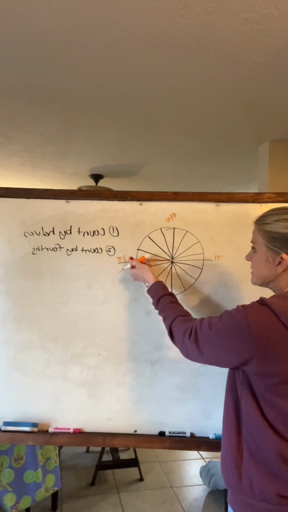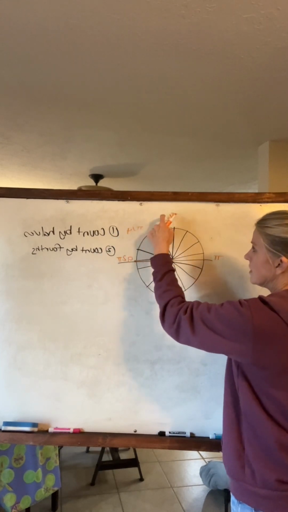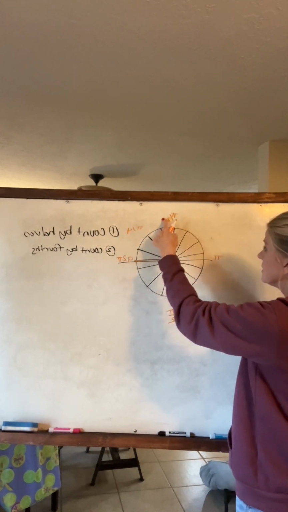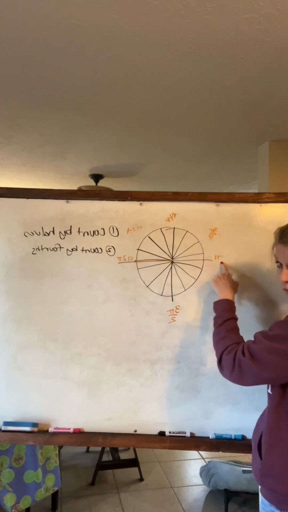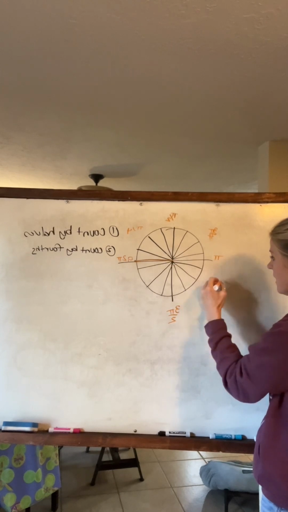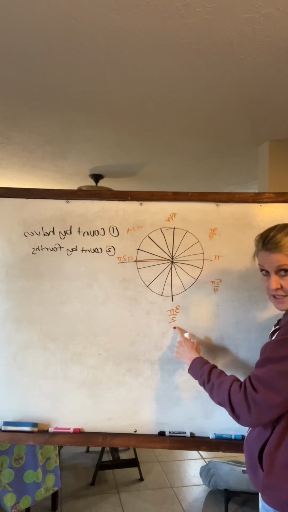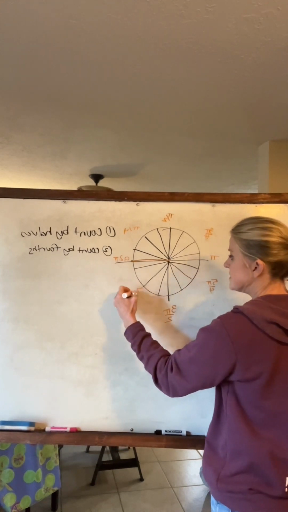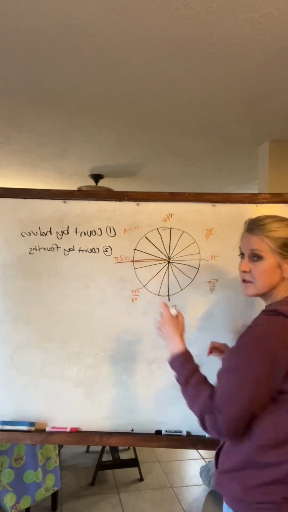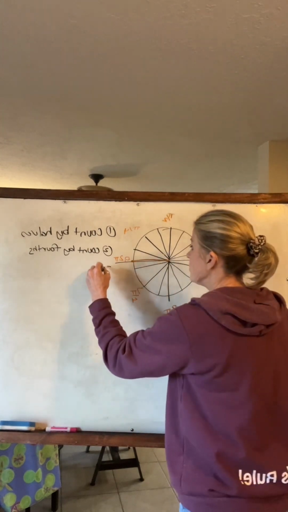So if I start at ground zero and I go here, that's 1/4, 2/4, already labeled, 3/4, 4/4, which is pi, 5/4, 6/4, and 6 over 4 reduces to 3 over 2, 7/4, and 8/4.